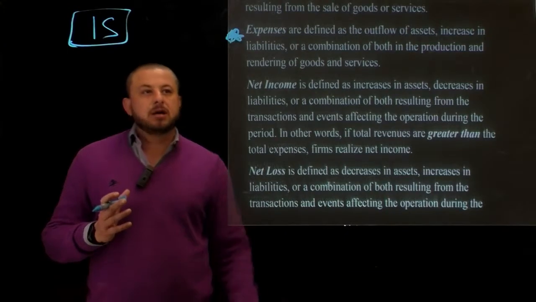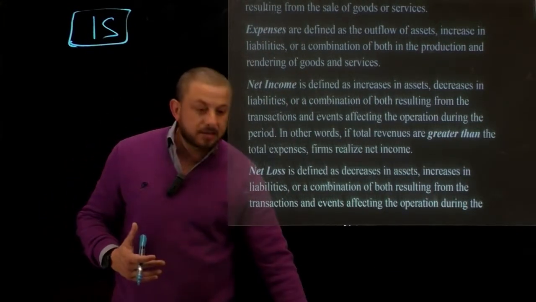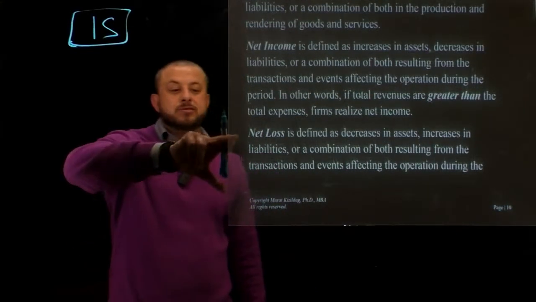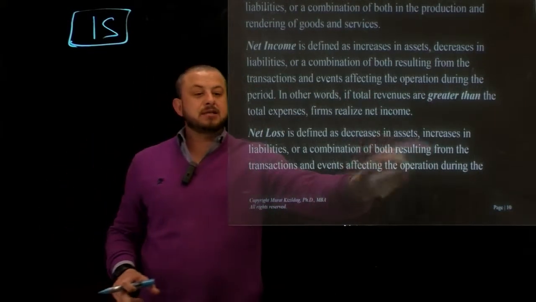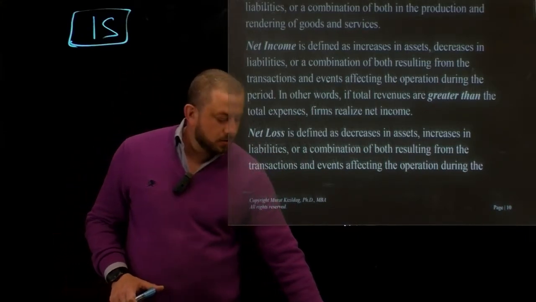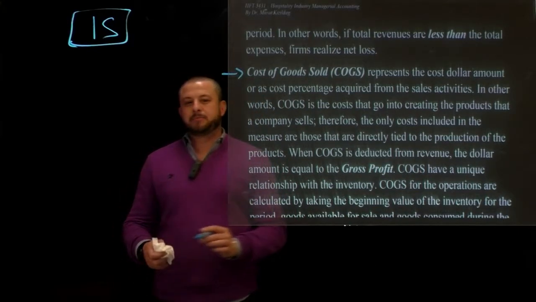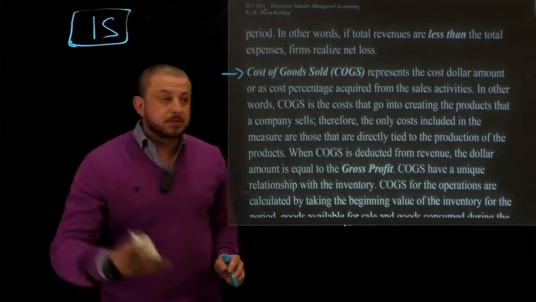Clearly, if the revenues are greater than the expenses, companies realize net income. If not, companies realize net loss. That means there's a decrease in assets, increase in liabilities. Therefore, net loss will have a negative value in calculations. Cost of goods sold right here is another important component of the income statement.